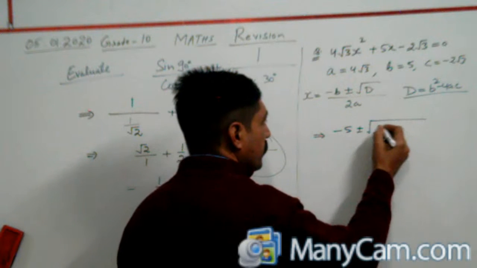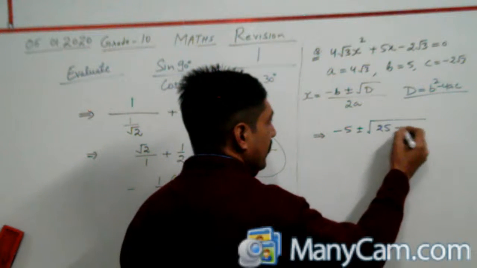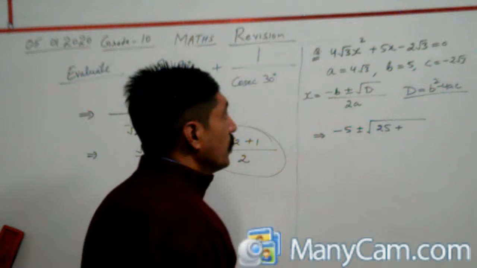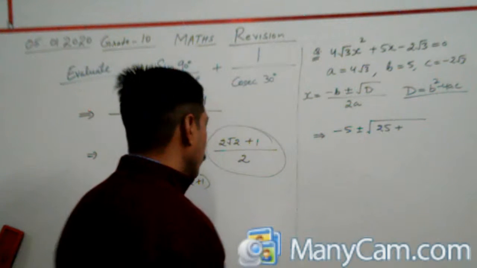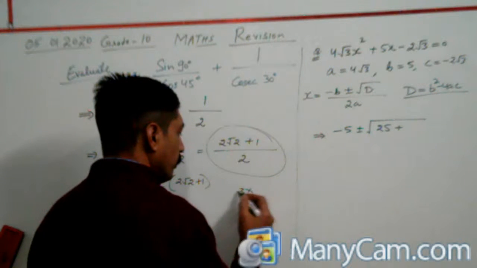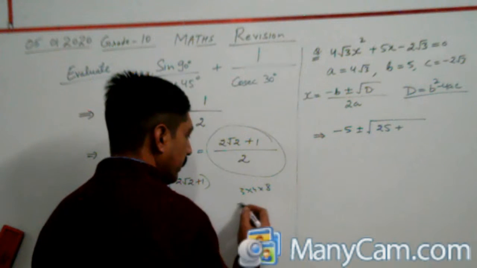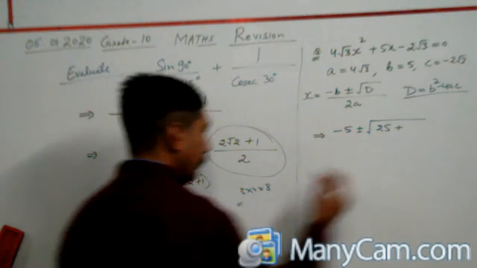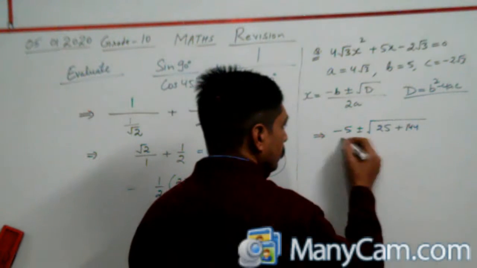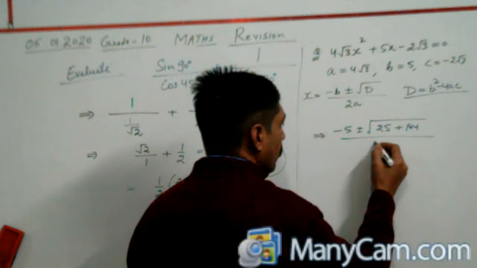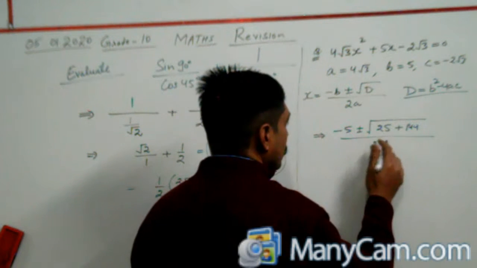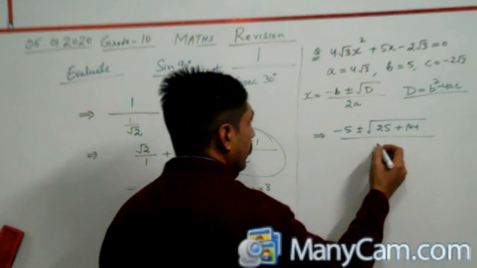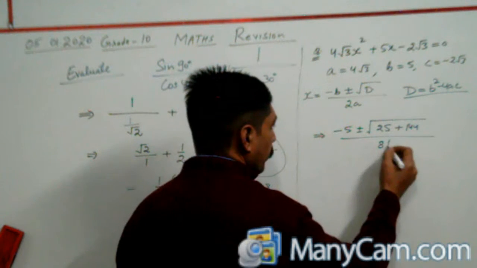B square is 25, minus times minus will get plus 4ac. 4ac is 4 into 4 under root 3 into 2 under root 3, that is 3 into 4 into 8 is 96, so we have 25 plus 96... 144 upon 2a. 2 into, that is A is 4 under root 3, 2a is 8 under root 3.